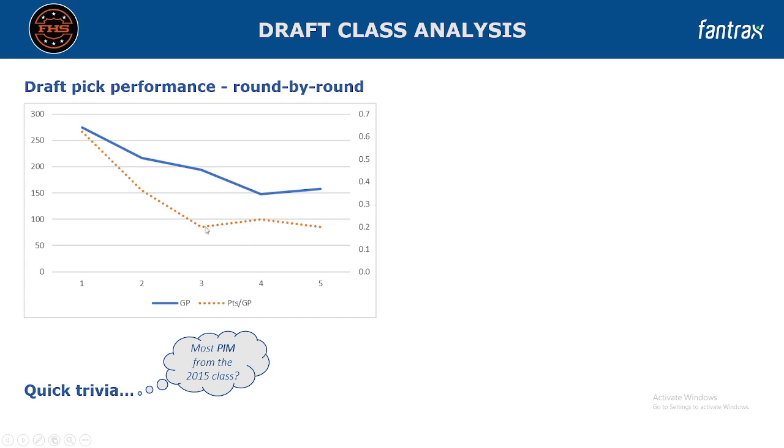So the third to fifth rounds don't seem to have made much difference in terms of where we picked. Compared to some of the previous seasons, the blue line went quite a bit deeper in previous seasons.